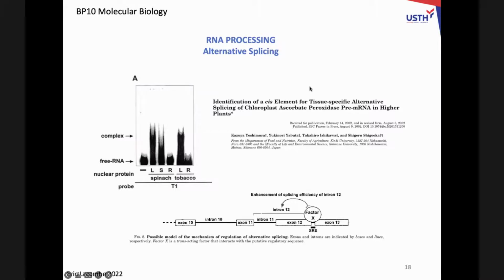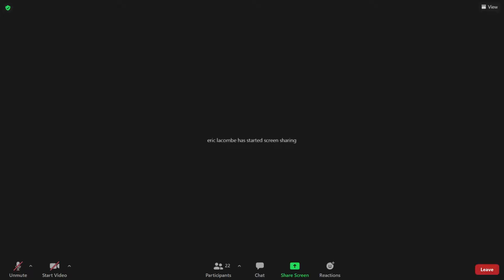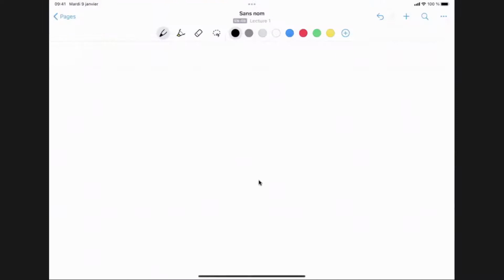So I just change something, and I will just show you conceptually how it works. You see the whiteboard? Just tell me if you see it. Okay.